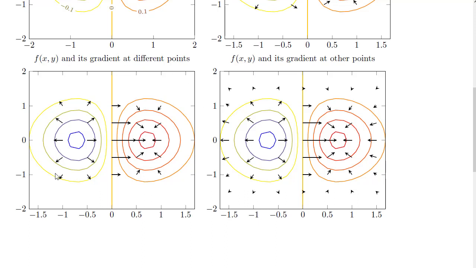Okay, now here is gradient at just various different points. And one thing you can see is that the gradient is always perpendicular to level curves, because the level curve is the direction of no change, and the gradient is always perpendicular to the direction of no change.